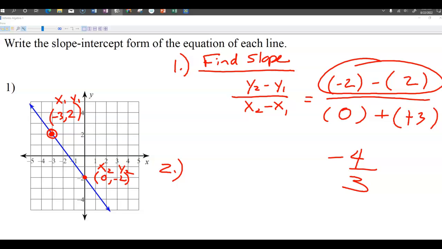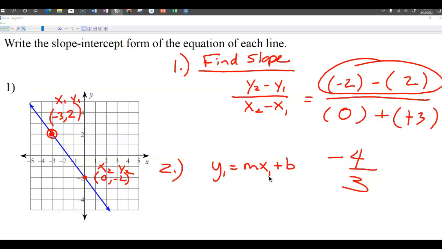What's the second step? We are going to use y equals mx plus b. That's true. Specifically, now what are we going to do with it? Okay. Well, we're going to plug in y1, m, and x1.